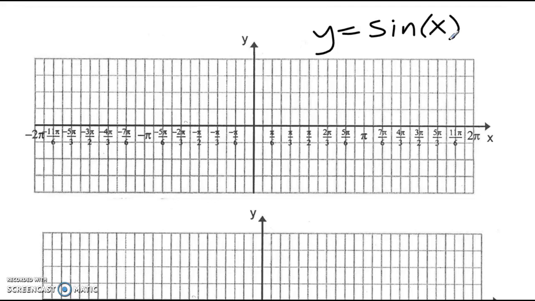So, what's our first point that we got? Negative 2 pi, 0. So I go negative 2 pi, 0, there's the point. I put it there. You can't hardly see that, but it would be right there. And then the second point that we had was a negative 11 pi over 6. What did we get for that? 0.5.